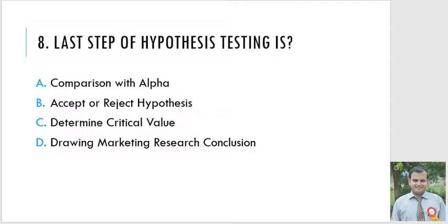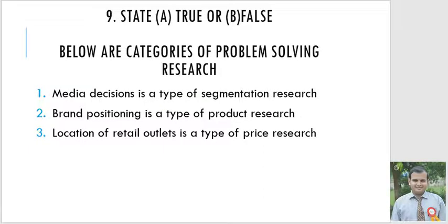Option C, determine critical value. Option D, drawing marketing research conclusion. Question is, which is the last step of hypothesis testing? There are four options. You can select the correct answer, which is the last step. Moving ahead. Next, ninth question.